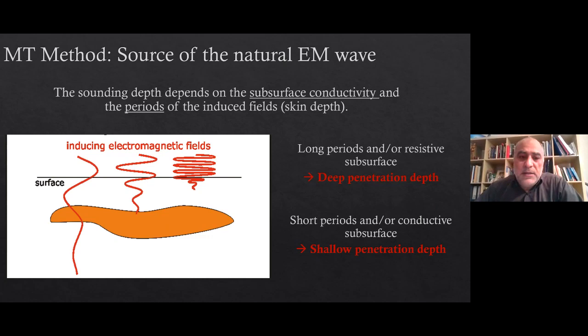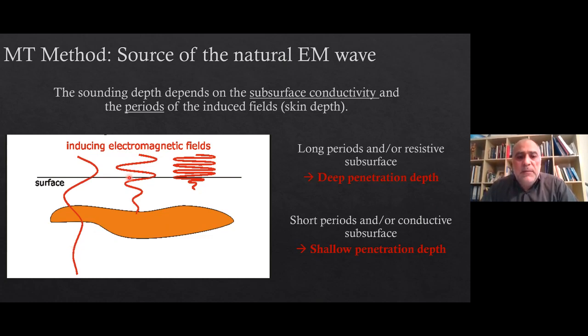In other words, as this chart is showing here, for long period data, the wave starts to propagate in the subsurface and decays exponentially. At some depth, when the energy of these waves decays to 1 divided by e, equivalent to 35% of its initial value, this is what we call the skin depth, at which we can get information.